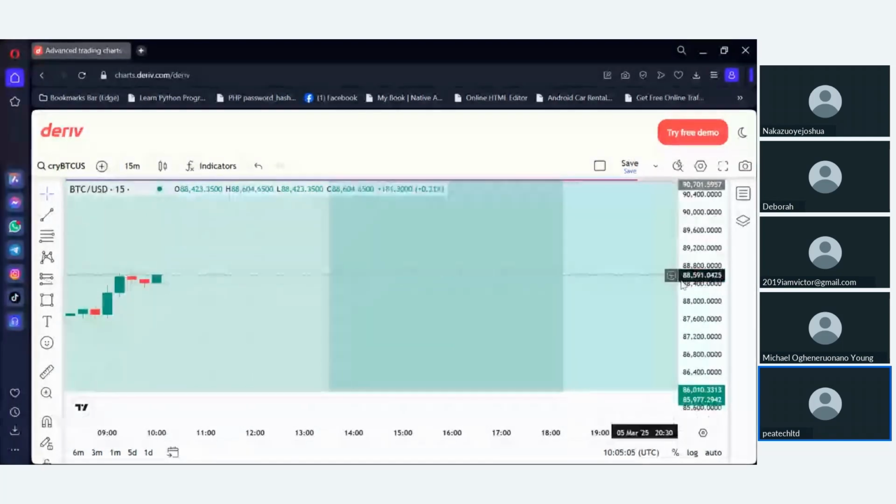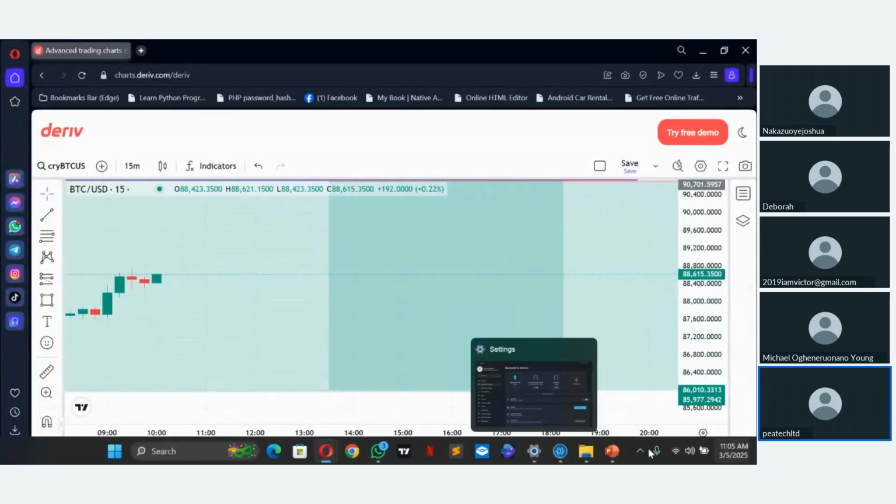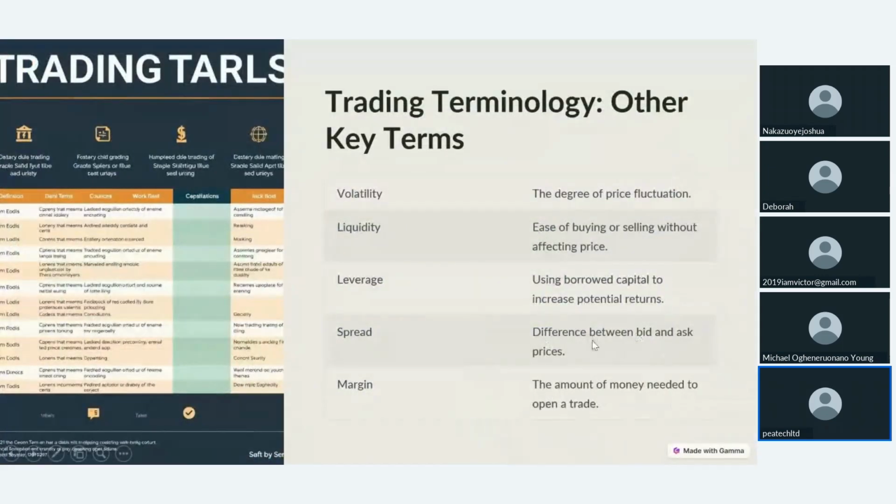If you execute this trade in your live entry, or maybe you are using MetaTrader 5, you are going to see another line, one of them green, one of them red. The difference between those two lines is referred to as the spread. You will see it when I show you, when we start doing our analysis.